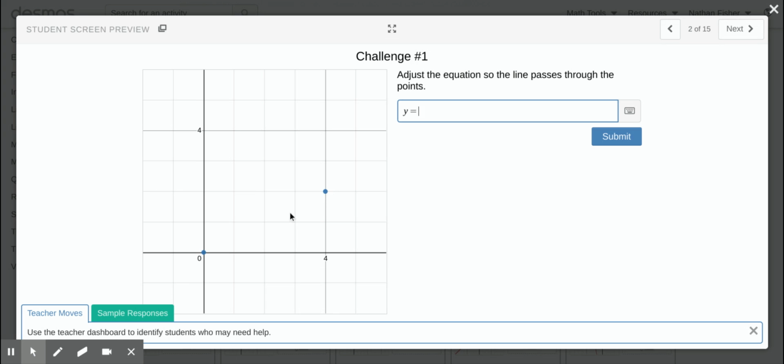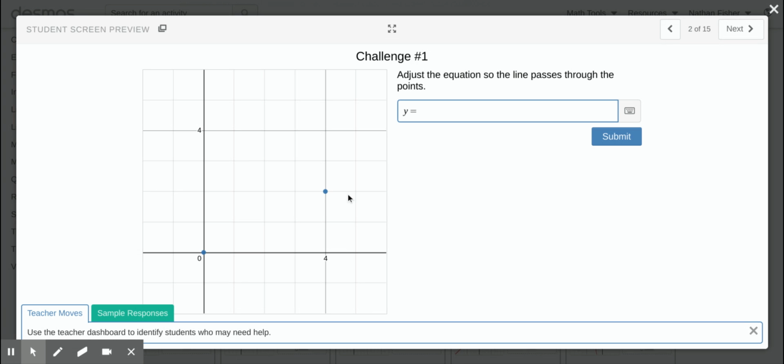But from one point to the other, we need to think of our slope, or our rate of change, our rise over run. So to do that, I'm going to count from this point. I'm going to read it left to right like I was reading a sentence from a book. So from this point to my point on the right, I count up 2 units and then over 1, 2, 3, 4.